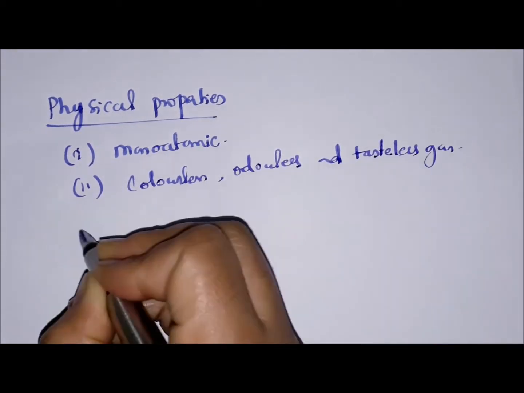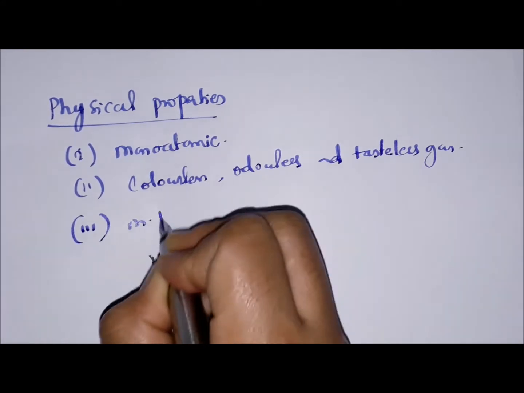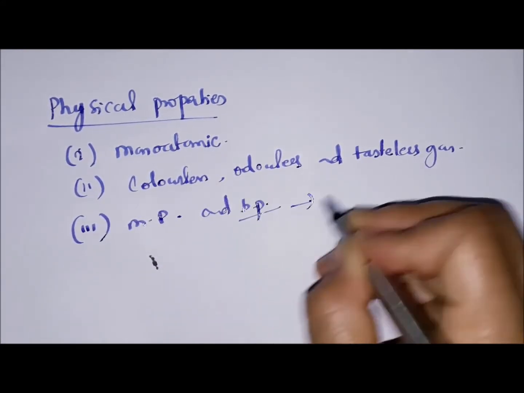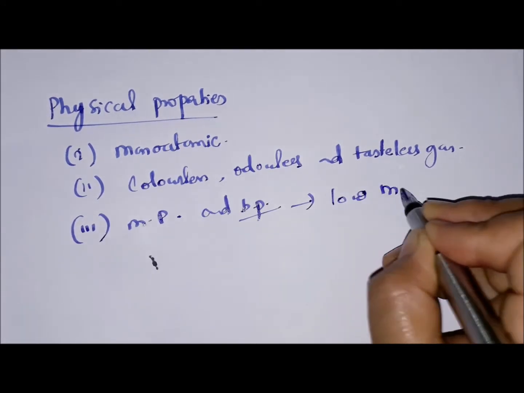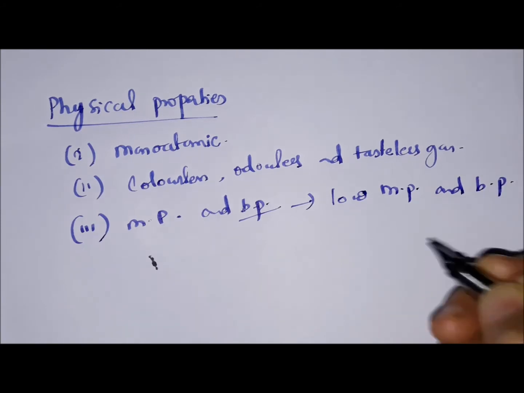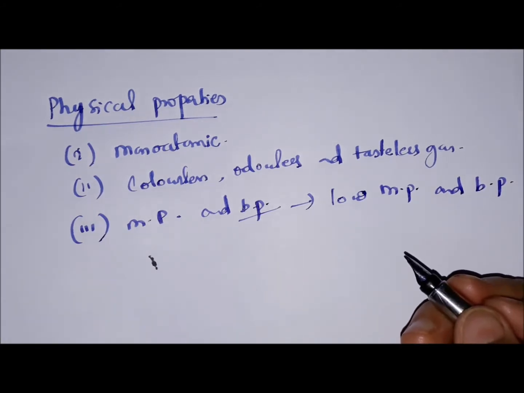When we talk about the melting point and boiling point, they have a low melting point and boiling point. Why? Because they have completely filled shells.